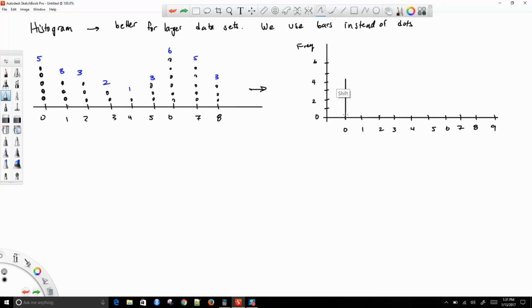So starting there, I create a bar that goes up to 5. And for 1, I create a bar that goes up to 3. Same with 2. And right here we have a bar at height 2, a bar at height 1, and a bar back up to height 3, up to 6, something like this. I think you guys get the idea.